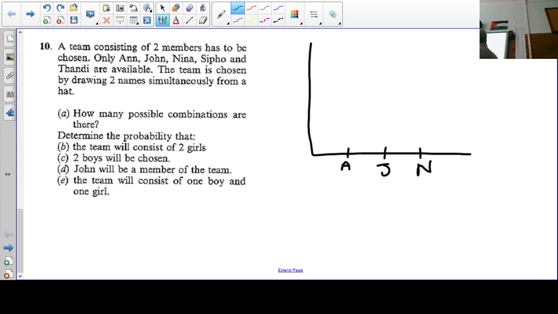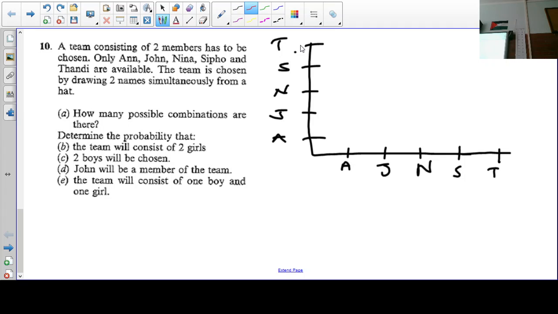We have Anne, John, Nena, Sipo, and Tandi. So when we do the draw, I can have an Anne and a John, an Anne and a Nina, an Anne and a Sipo, an Anne and a Tandi. Not so?